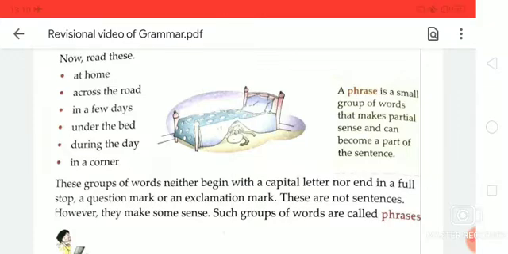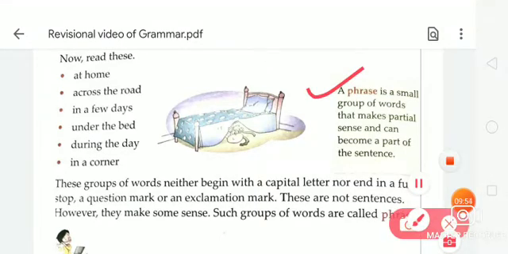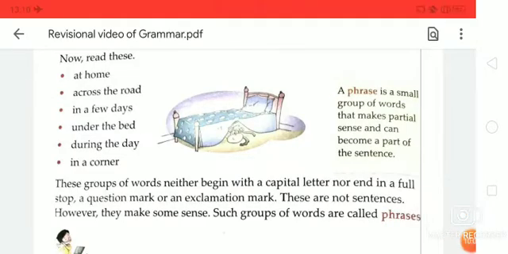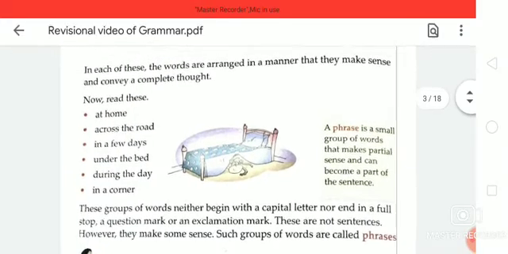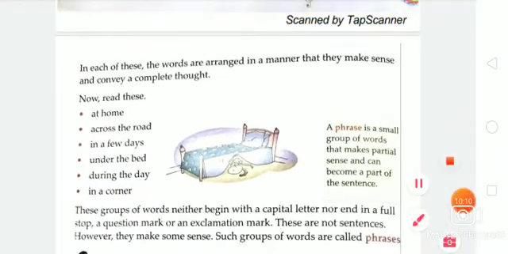We have learned that a sentence is an arrangement of a group of words that makes complete sense, but a phrase is a small group of words that makes partial sense and can become a part of the sentence. And you must also find out more differences between sentence and phrase.